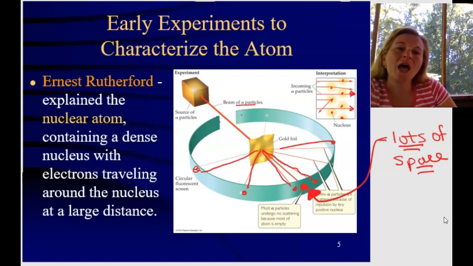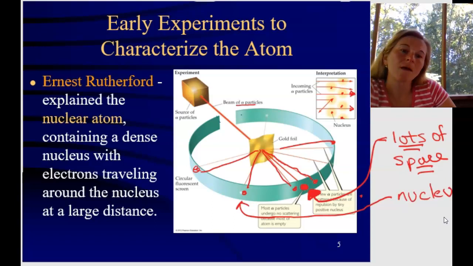And then these ones that go to the sides, like this guy, tells us that we have a nucleus, and that those alpha particles were hitting the nucleus and bouncing off.